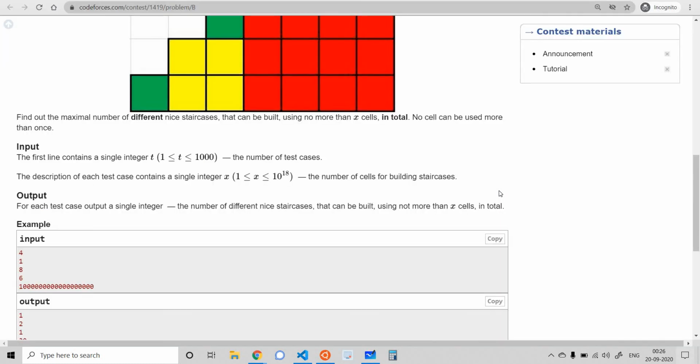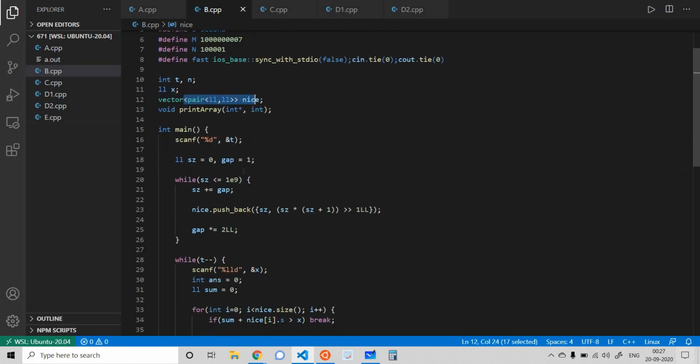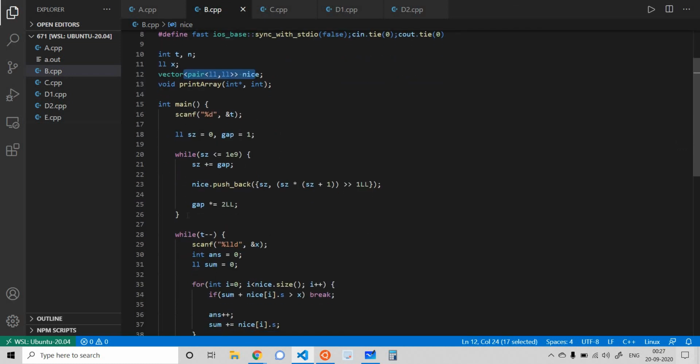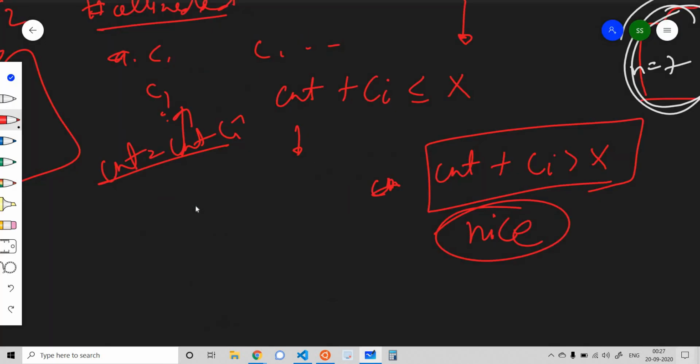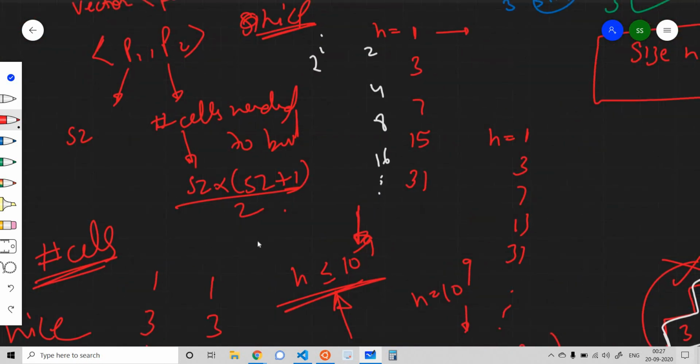Let's see the code now. Yeah, this is the vector which I was talking about. This is the way I push the values into my nice vector. It is the size which I talked about, and this is the number of cells needed to build the staircase of size n, and this is the gap which is increasing by the power of 2, as I had mentioned in the beginning.